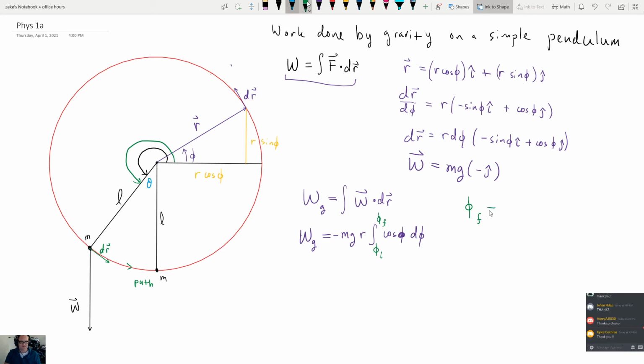So phi final is going to be 3 pi over 2, or 270 degrees. And our phi initial is basically going to be 3 pi over 2 minus this angle theta. So those are going to be our limits.